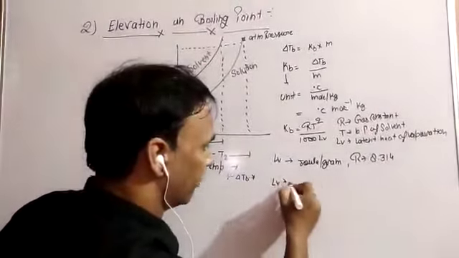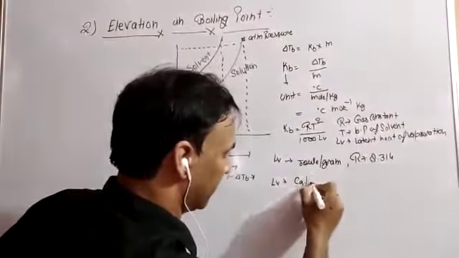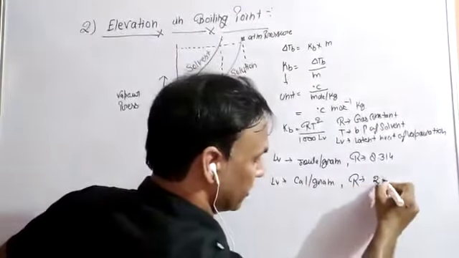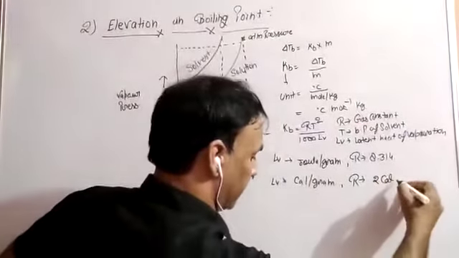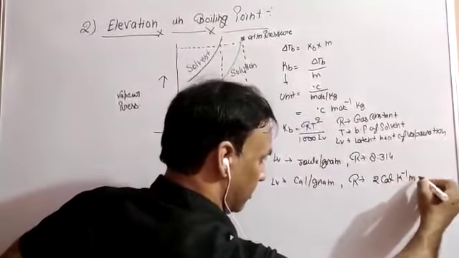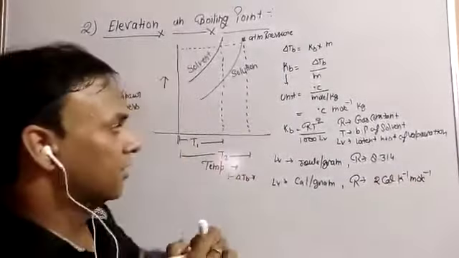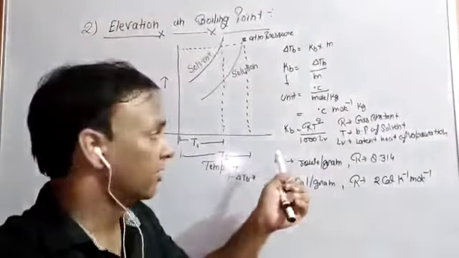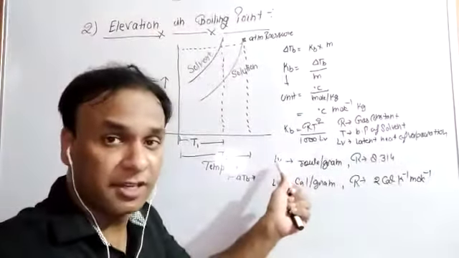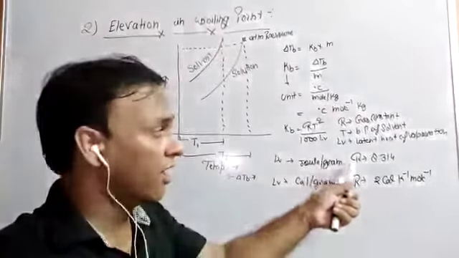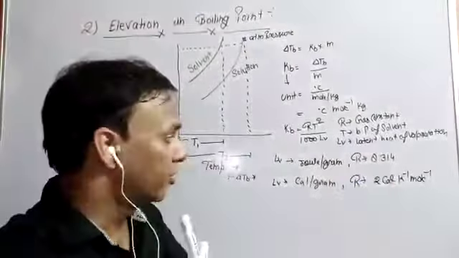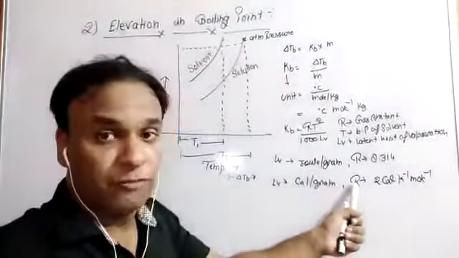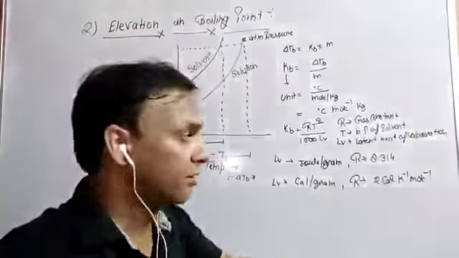When the latent heat of vaporization is taken in calorie per gram, then the value of R is approximately 2 calorie per Kelvin per mole. Clear? This is a very important fact, means unit conversion is also very important. When LV is in joule per gram, we use R as 8.314. When we use LV in calorie per gram, we use R approximately equal to 2 calorie per Kelvin per mole.